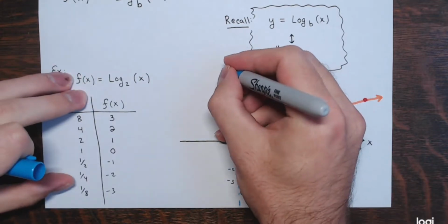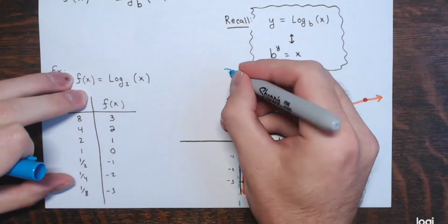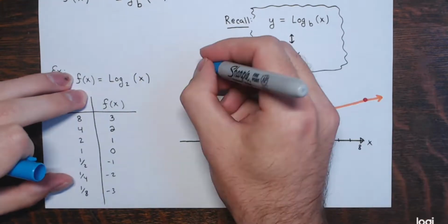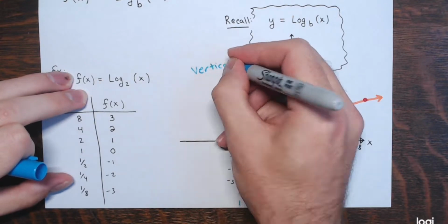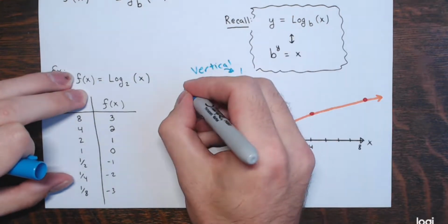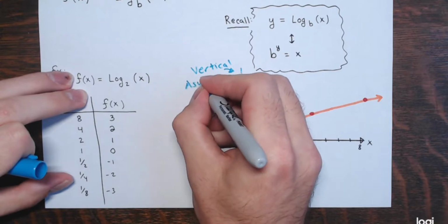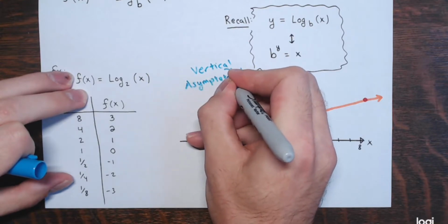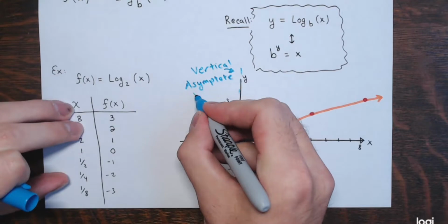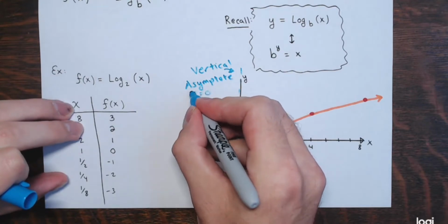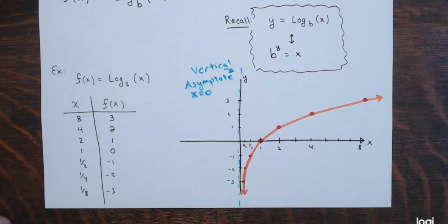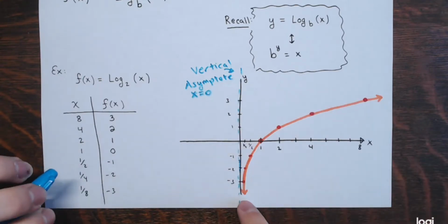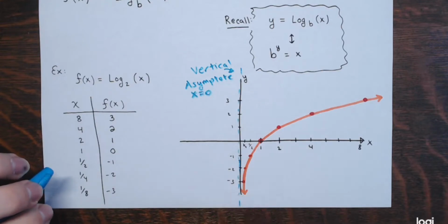So if you recall horizontal asymptotes, this y-axis would be called a vertical asymptote. Right? It's x equals 0, the y-axis. The graph gets really close to x equals 0. The further left I go, it gets closer and closer to the y-axis, but doesn't actually touch it.